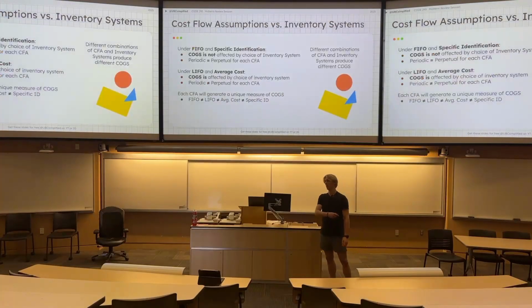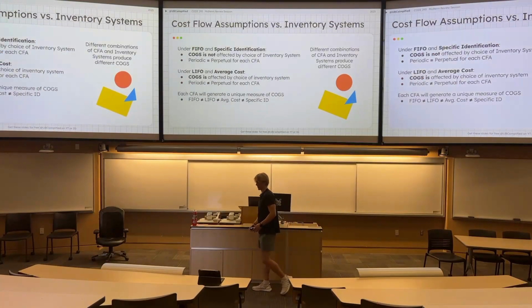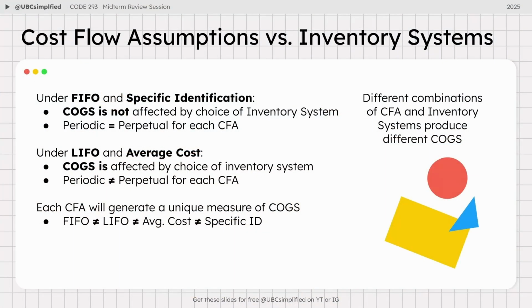And then, speaking of costs, we'll get to that. But one thing to keep in mind is that because first in, first out is using the earliest purchased one, it's not affected as much by what the prices are doing right now, versus last in, first out, which is affected more by, let's say, price increases.